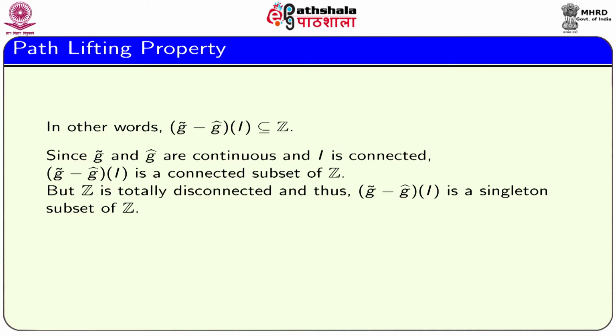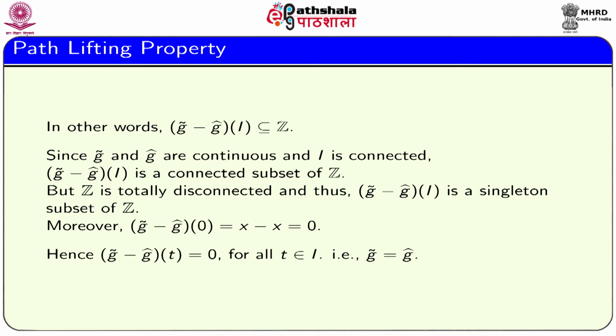So, g tilde minus g cap of I will be a connected subset of Z. But Z is totally disconnected, and therefore, g tilde minus g cap of I is a singleton subset of Z. Moreover, g tilde minus g cap evaluated at the point 0 is g tilde 0 minus g cap 0, that means x minus x, and therefore it is equal to 0.